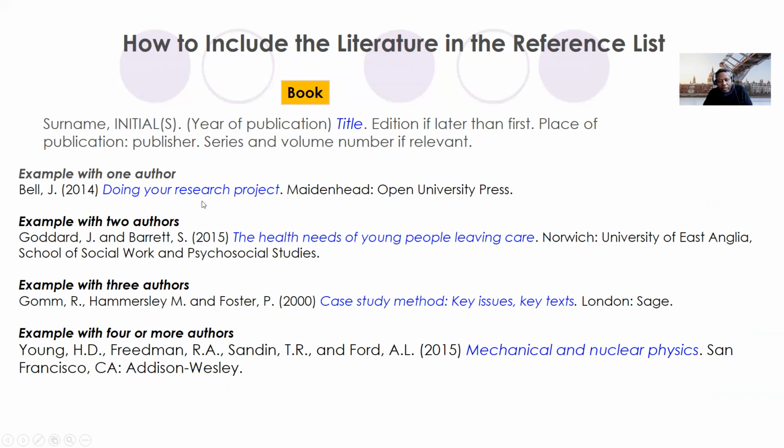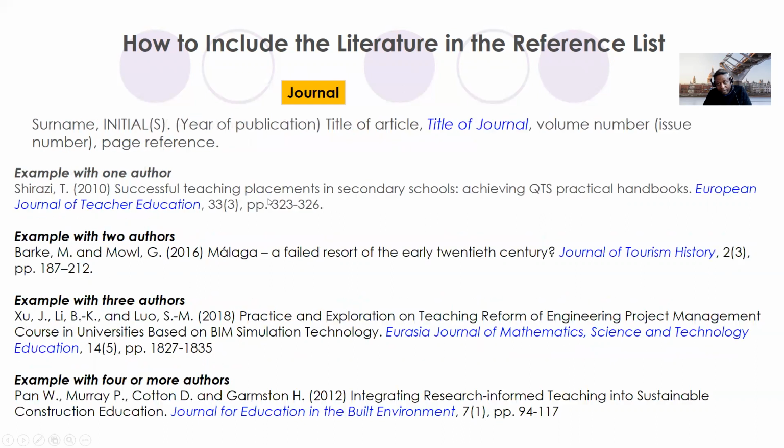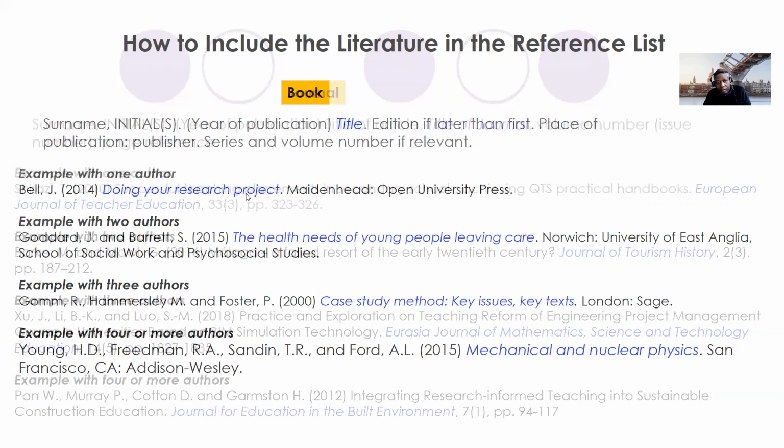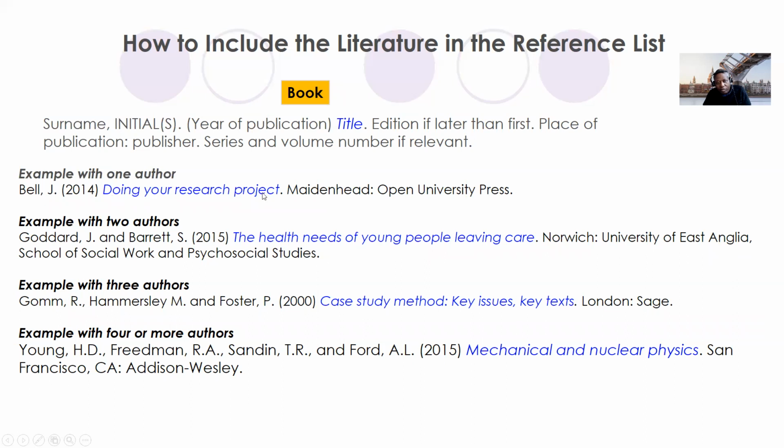Here it is the title of the book that is italicized. In a previous case, it is the title of the journal that is italicized. Here, the title of the book is italicized, and then the place of publication, which is Maidenhead, and then the publisher, Open University, is upright.